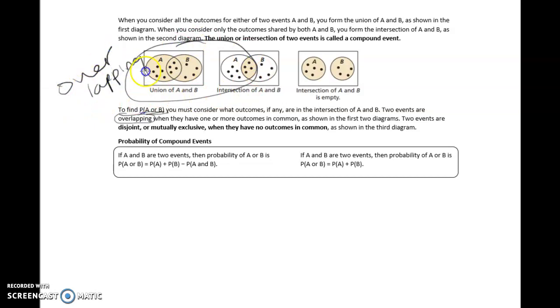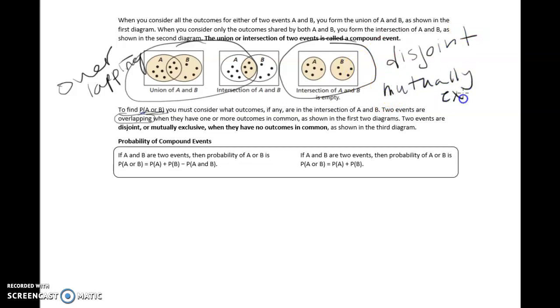That should really all be one word. And then if they don't have anything in common, these circles never overlap, there's nothing that's A and B, then this is called disjoint. And you may also hear the phrase mutually exclusive.